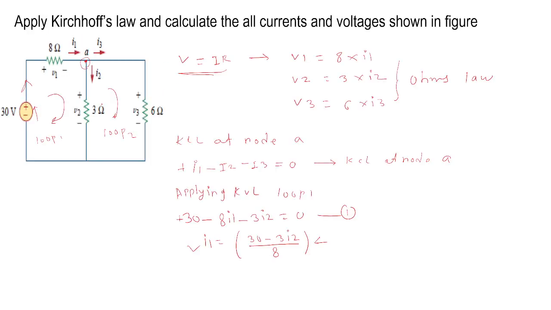So here you can see, 6i3 plus 2 minus 6i3 minus 3i2. So it will be 6i3 minus 3i2. Okay, so this is the equation.